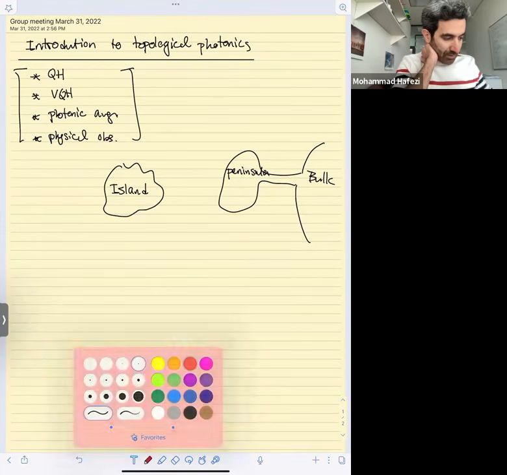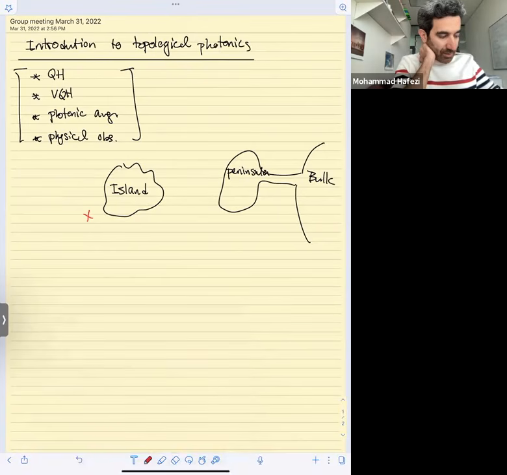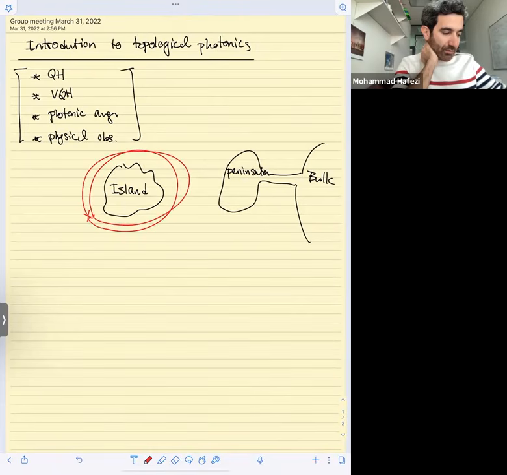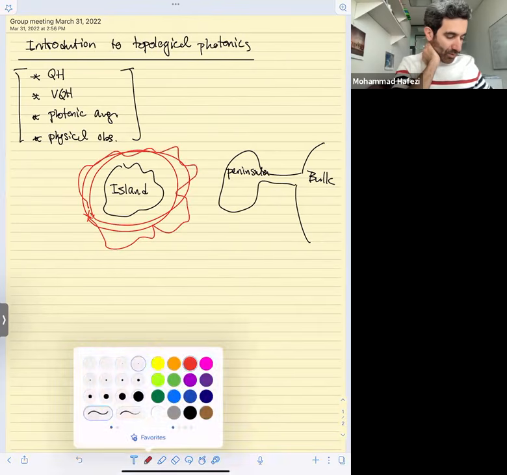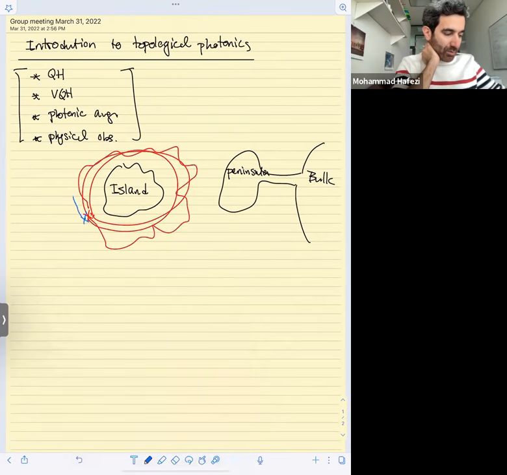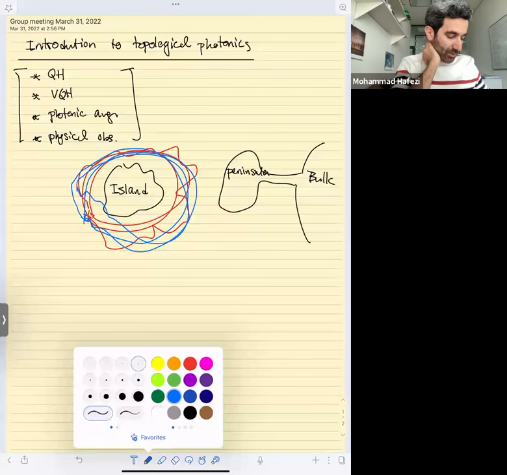So more specifically, if you start from here and then swim around the island, you can swim clockwise an integer number of times. You can swim like this, you can swim like that, or you can go backwards, in the opposite direction, an integer number of times, and that's always an integer.